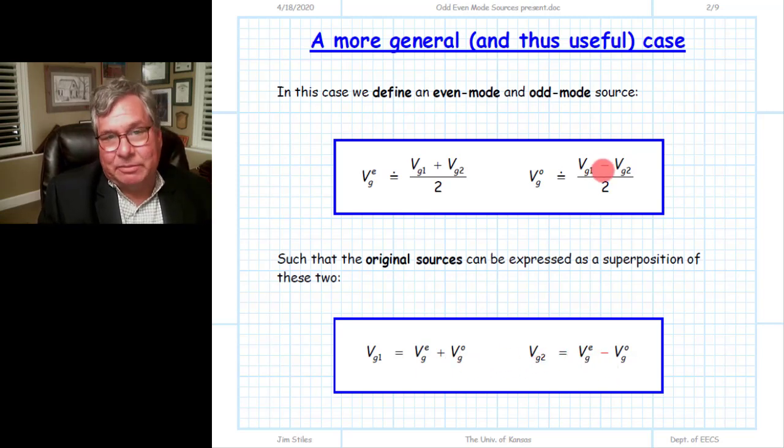Now this delta could be positive or negative, and it's complex, so it's not really defined as positive or negative here, but you can think of it as the average plus or minus the delta.